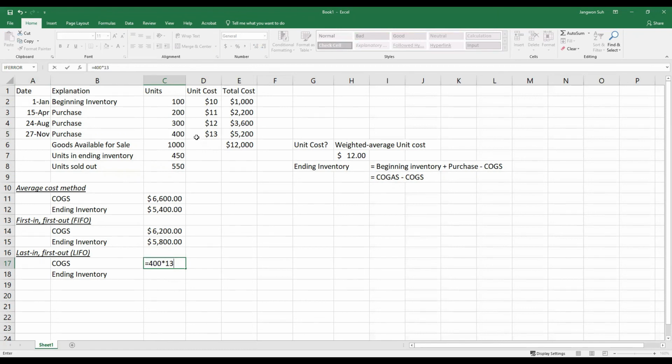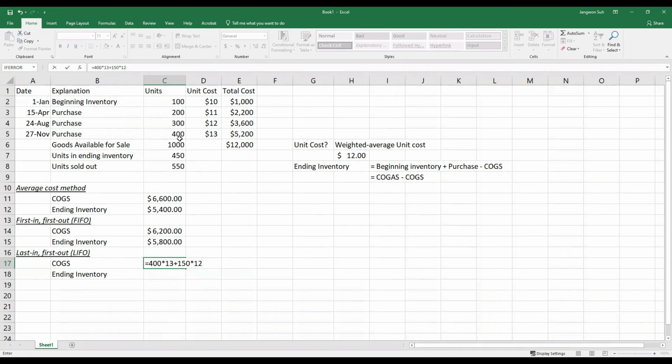Then are there enough in the last layer to explain 550? No, only 400. How many more do we need? 150 more. 150 should come from the next last. Are there enough? Yes, we have 300 to cover the 150, right?